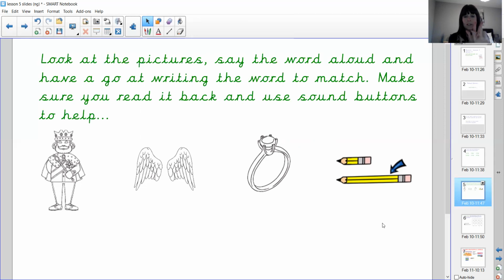So as well as the ng sound, which as we know comes at the end, there's going to be 2 sounds before that. So if you want to draw the sound buttons as well to check, to read it back to yourself and check you've got the right word, you're looking for 3 sound buttons on those words. So if you pause the video, have a go at writing those 4 words, and then we're going to have a look at them together.